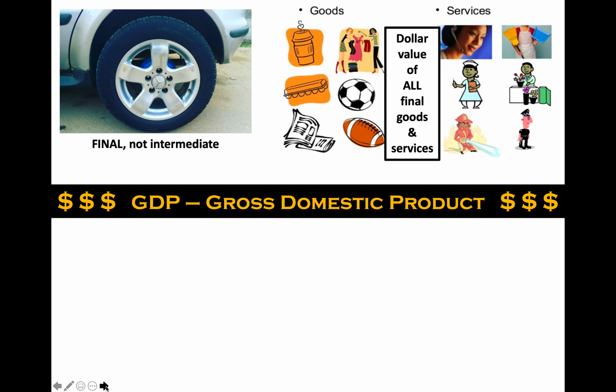Think of, you go to a doctor, you go to a nurse, you have someone that's providing you some kind of service. Someone comes to your house to mow your grass, okay? Or you have an Uber driver who comes and picks you up and takes you somewhere. All those things are services that are counted in our gross domestic product, okay?